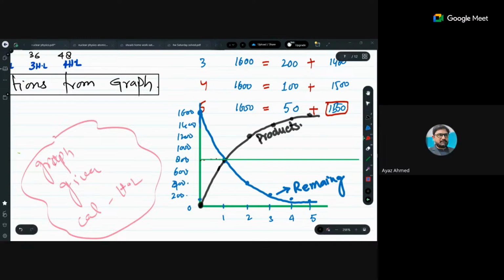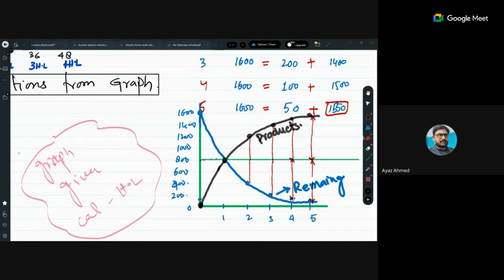The beauty of this graph is wherever the graphs overlap, after that the graph has a symmetric variation above and below. See this, do you see? Whatever is the difference from this line above, the same is the difference below this.